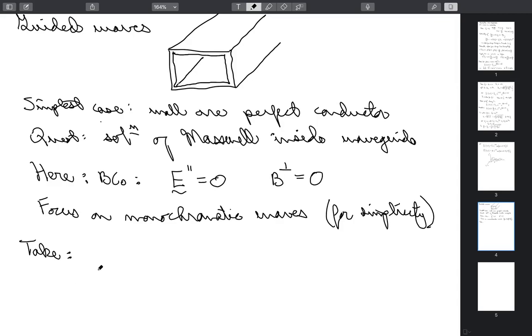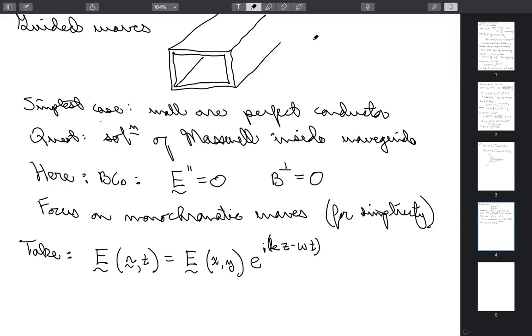We're going to say that the electric field, which is going to be a function of the positions and of time, is going to have the form of a certain function of x and y with a waveform that has monochromatic time dependence like this. Okay, and now what do I mean by this?